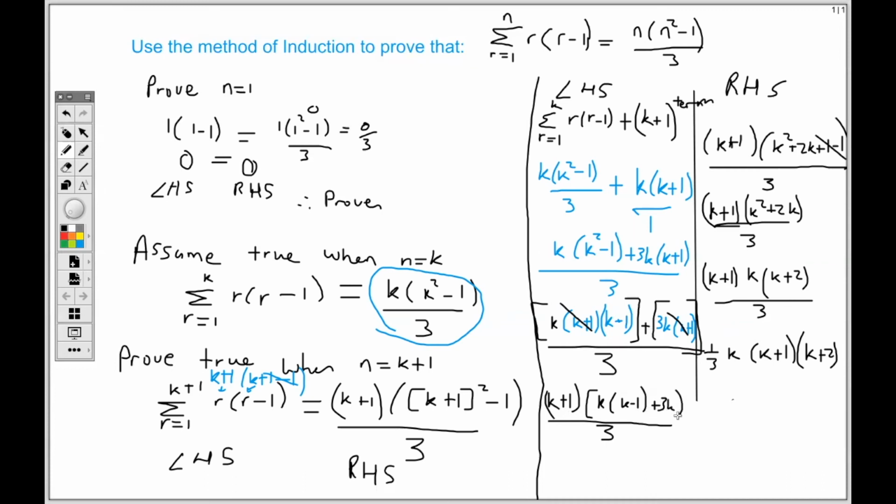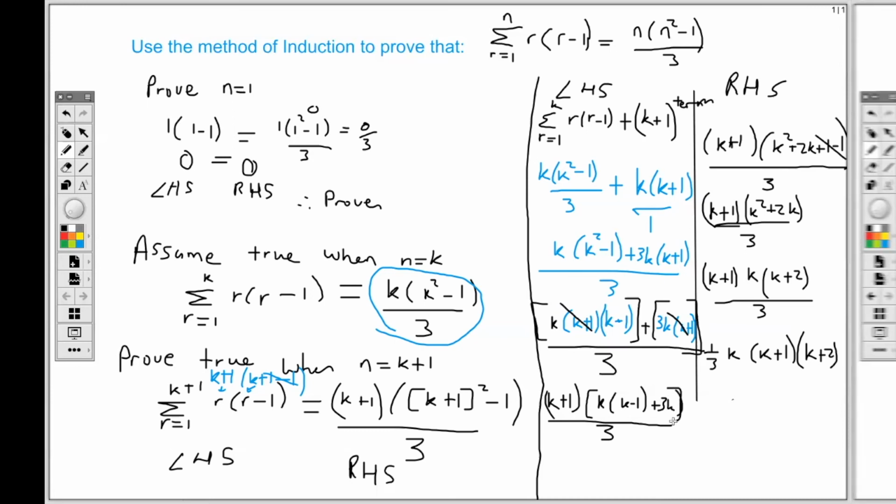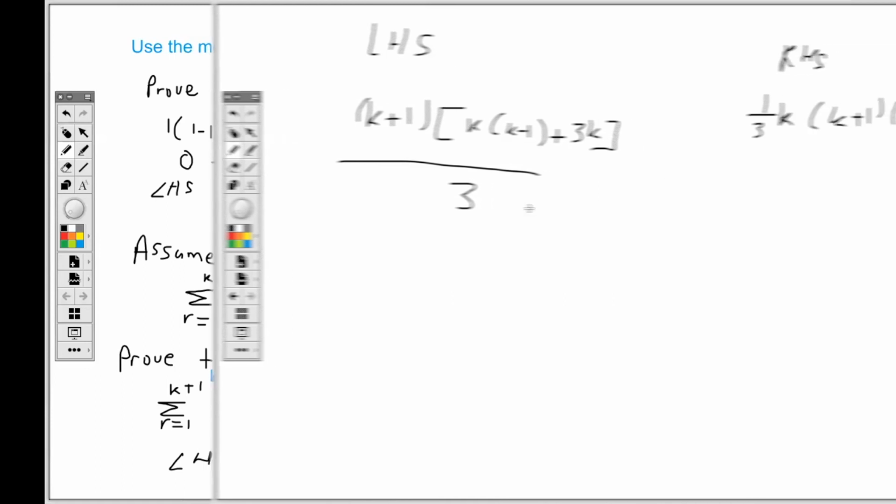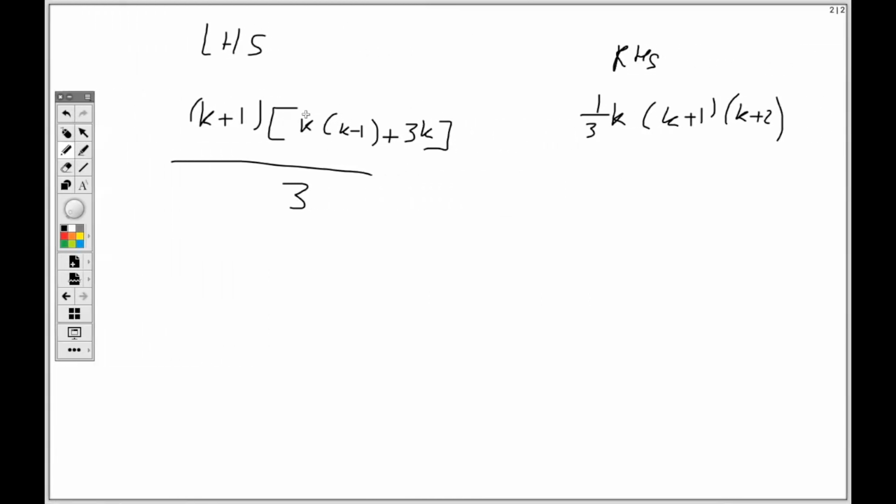Now, this part I'm going to complete on the next page. So continue with the left hand side. I'm going to expand here. So k times k minus 1, what does that give me?